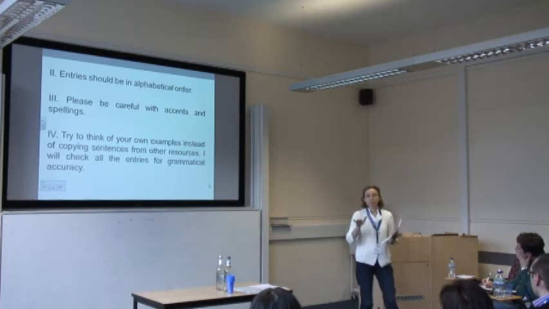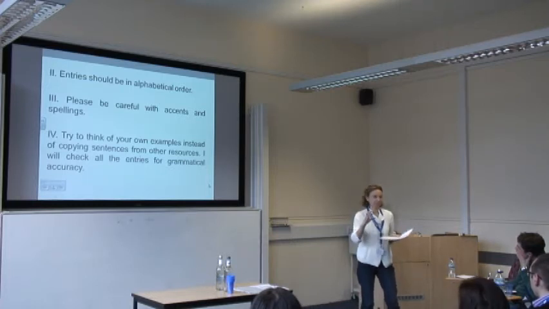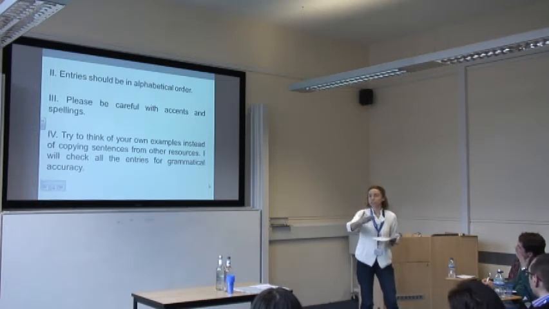Some students submit entries which are incomplete in the first place, and that's not the idea. The idea is that they make them better, not that they submit half of the entry in the first place. Then somebody else provides a second example, a third example, etc.